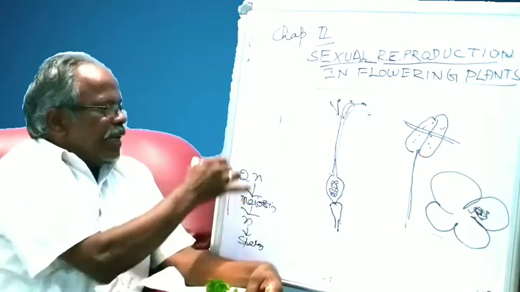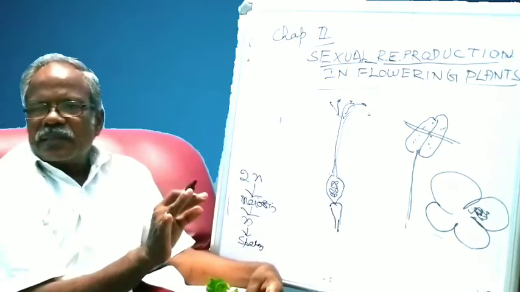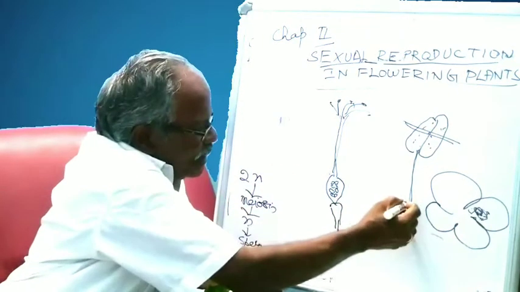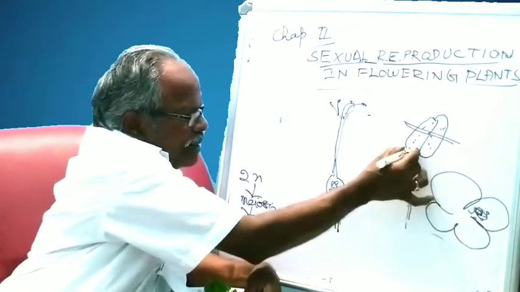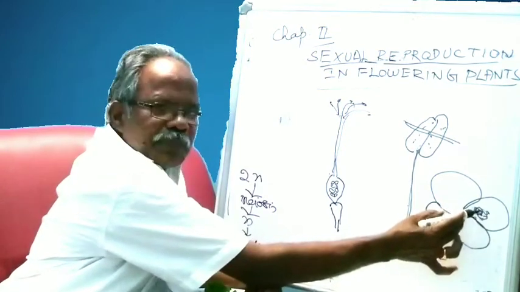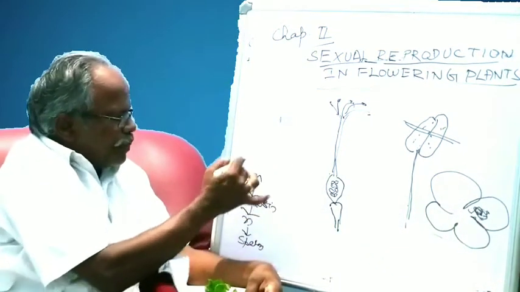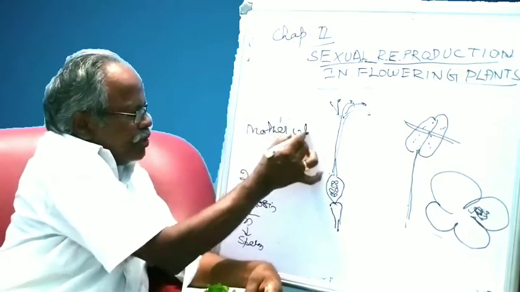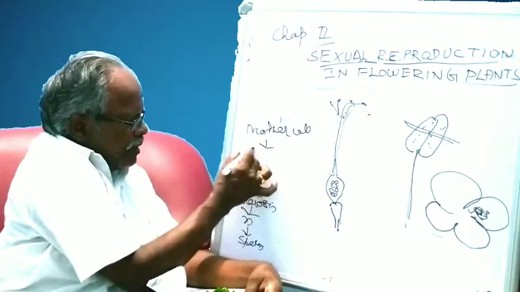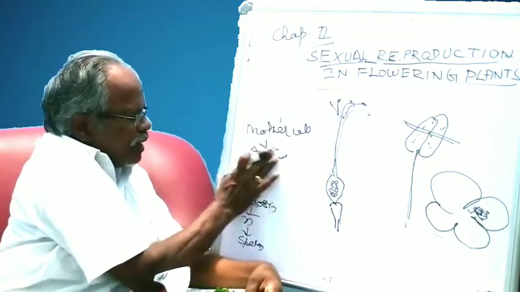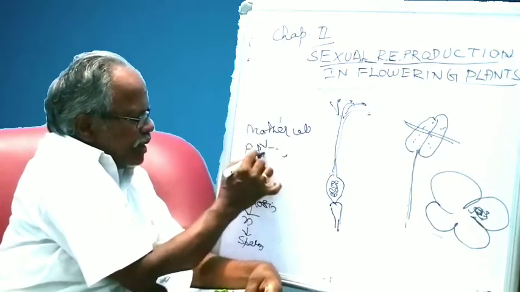So this is as regards the male gamete. As regards the male gamete formation, the structure is the filament, and then the anther, the 4 lobed structure, and then the sperm producing organs. The mother cell gives rise to the pollen grain.